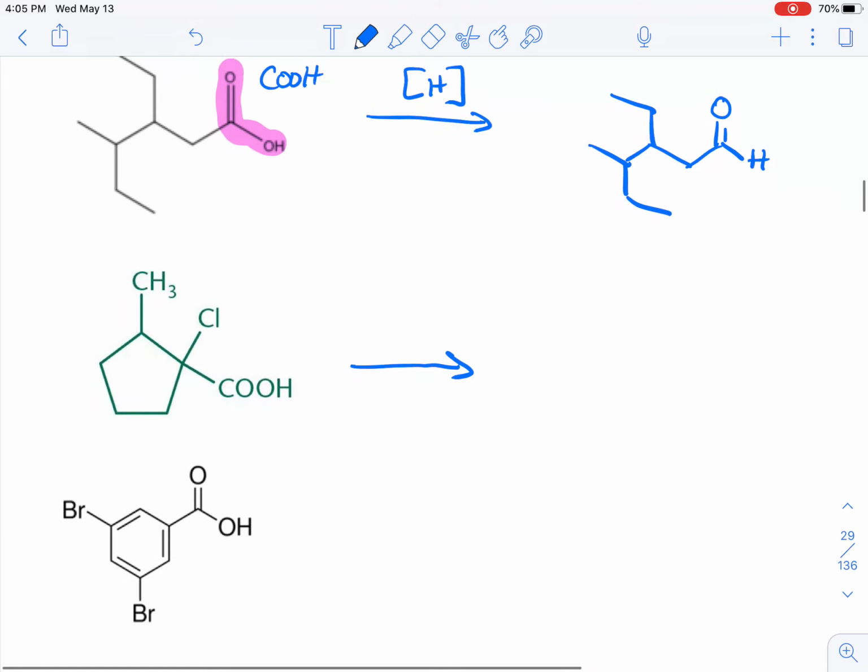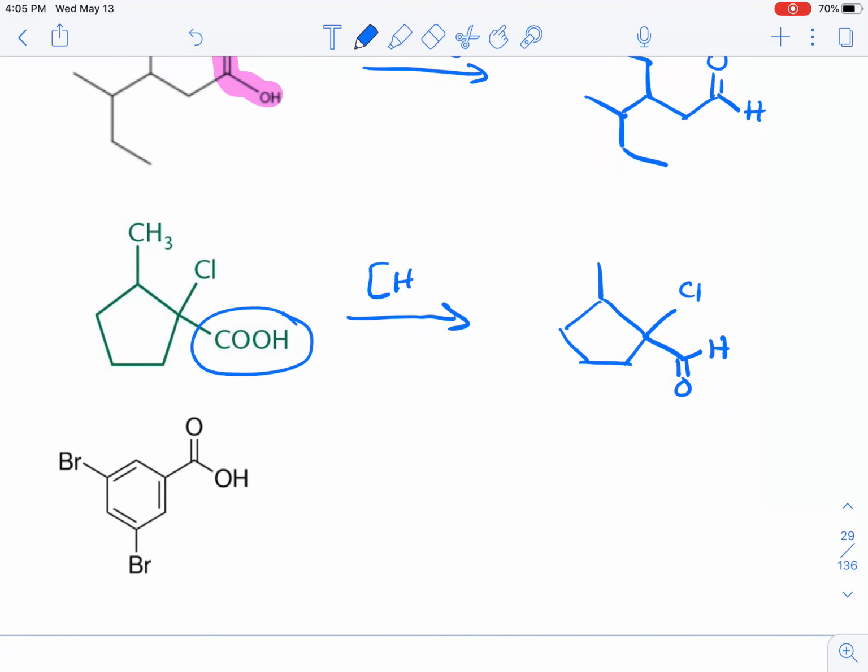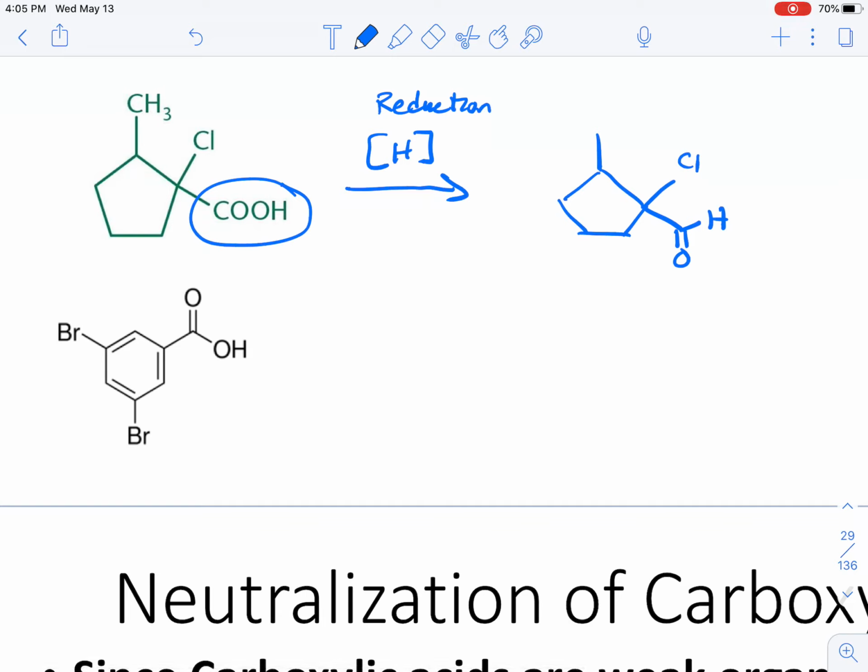Now looking at the next compound, here we have a carboxylic acid, and everything else pretty much stays the same. The only thing that we're doing is converting this carboxylic acid into an aldehyde. I'm using H to represent reduction. Why? Because I'm gaining more connections between carbon and hydrogen when reduction occurs.